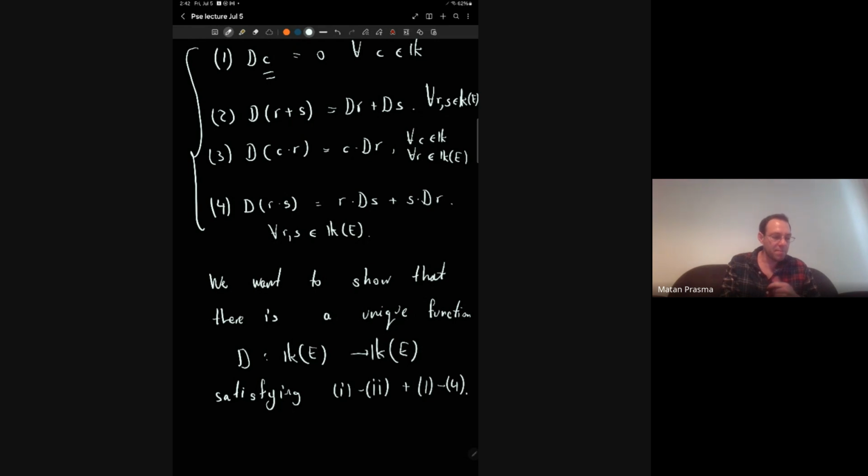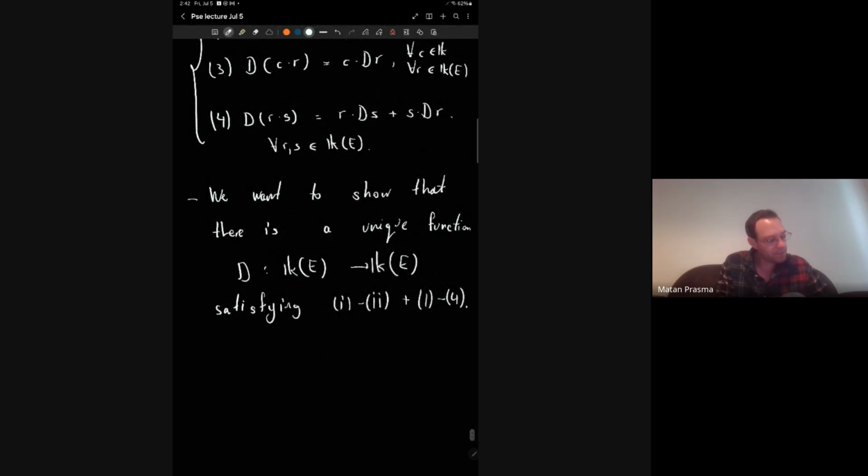But this is not hard. So observe, I want to compute D of x to the n. Let's do D of x squared. D of x squared is x times dx plus x times dx, which is 2x dx.